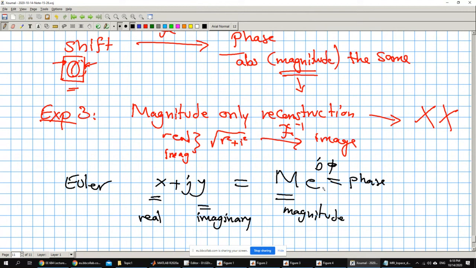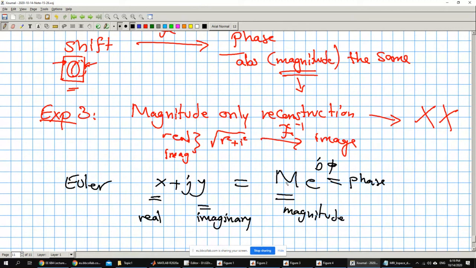What I'm going to do now is just look at the phase. Let's try to reconstruct only with the phase data. How to reconstruct from the phase data? We just make the magnitude equal to 1 so that we can remove it from the equation.